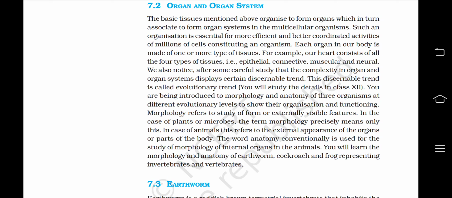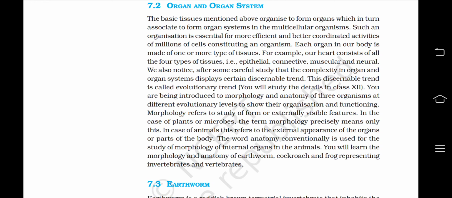We also notice after some careful study that the complexity in organ and organ systems displays a certain discernible trend. This discernible trend is called evolutionary trend. We will study the details in class 12. You are being introduced to morphology and anatomy of three organisms at different evolutionary levels to show their organization and functioning.